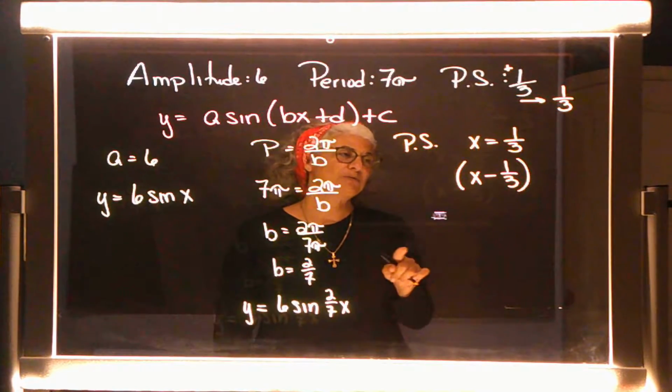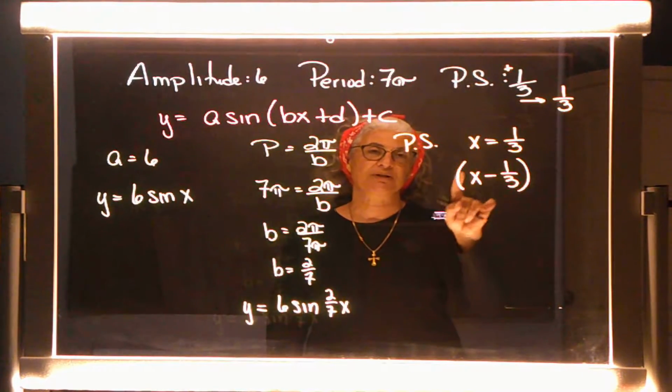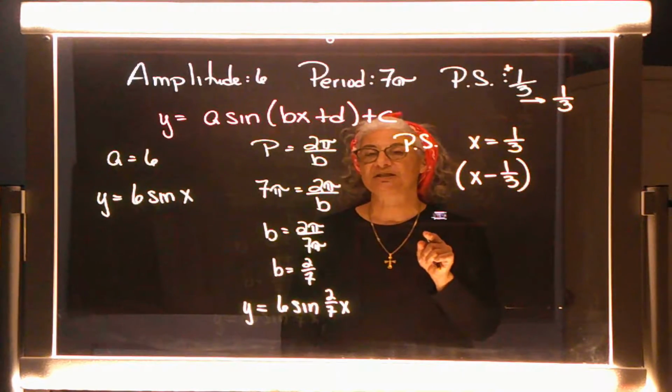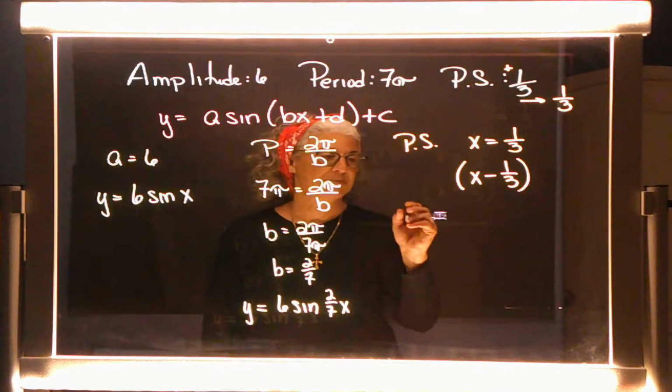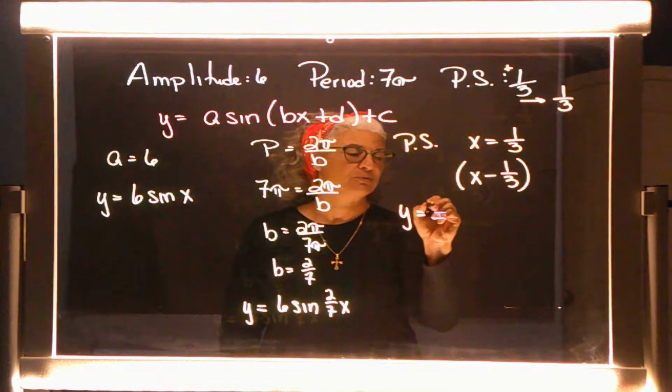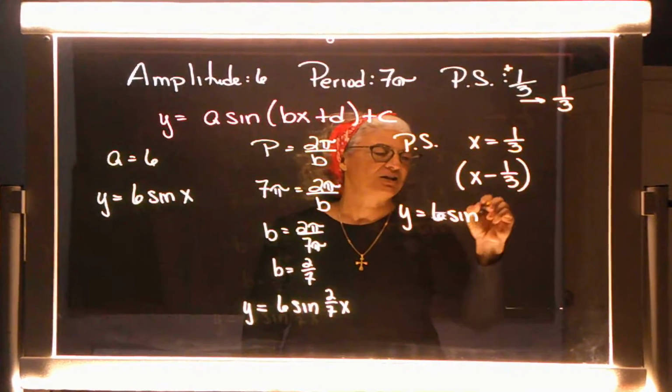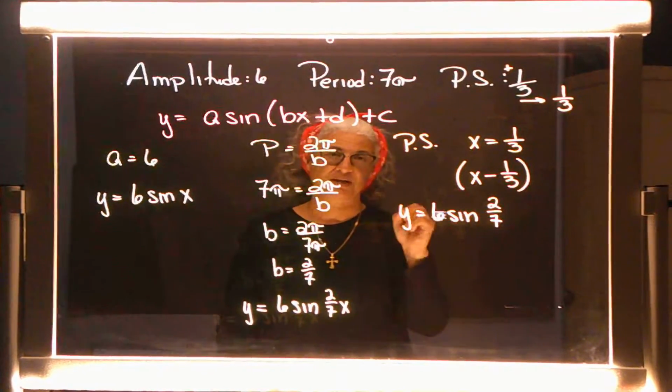Now, the authors of the book show how to incorporate this phase shift a little bit differently than how I do it. So just watch what happens. So now we have y equals 6 times the sine. We still have the 2/7, right?